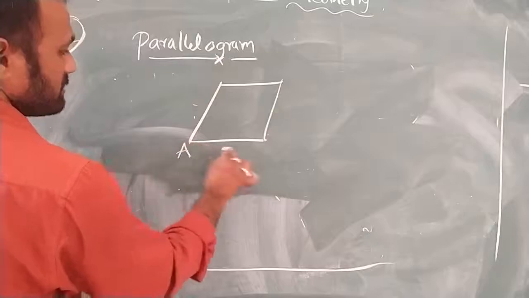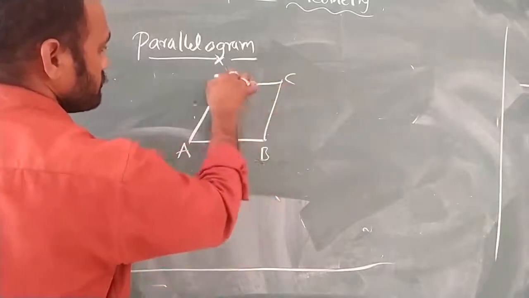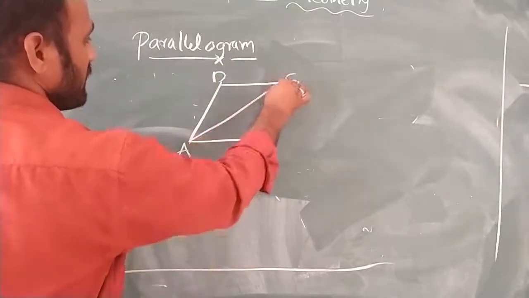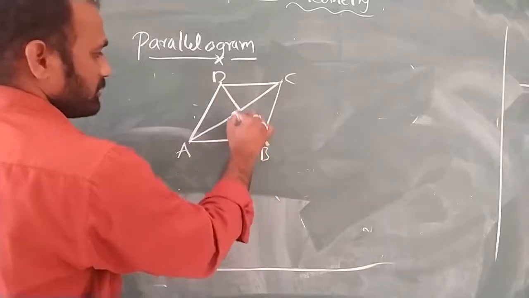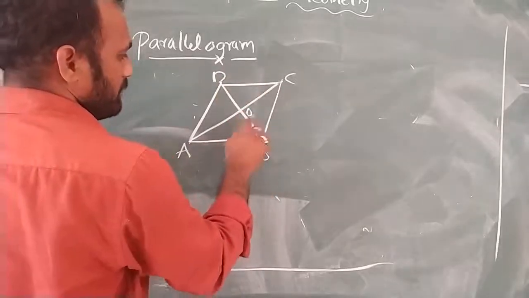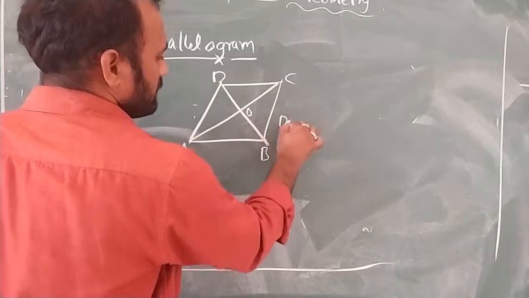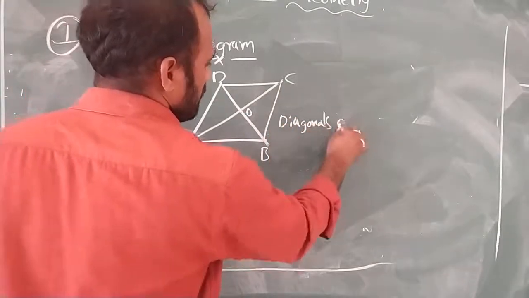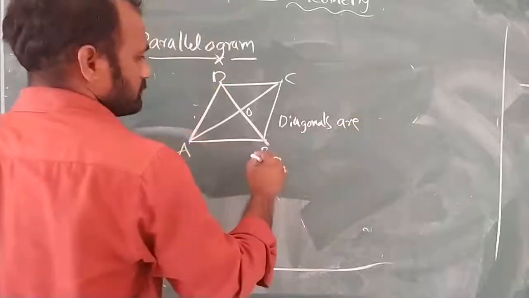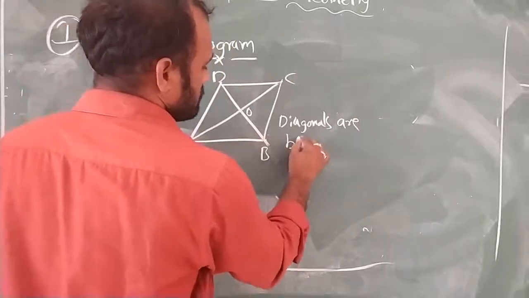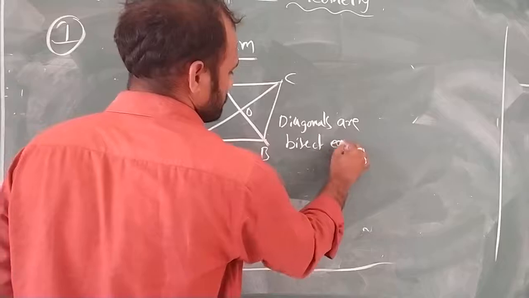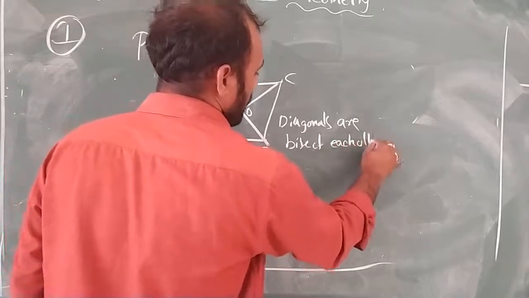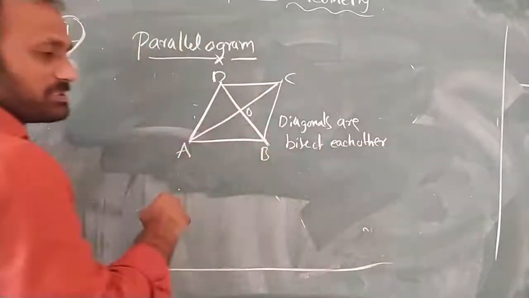So let ABCD be a parallelogram, AC is one diagonal and BD is the other diagonal. They are meeting at O. So the diagonals of a parallelogram bisect each other, which means they are equal halves.